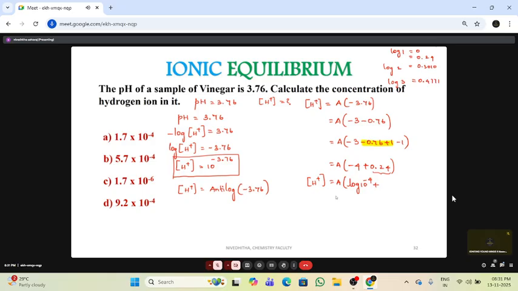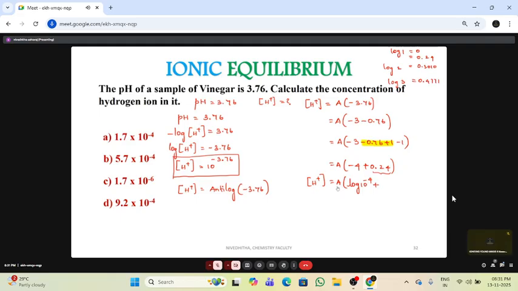Because we have to write 0.24 in terms of log. If the value was 0.3010, then I can write it as log 2. If the value is 0.4771, I can write it as log 3. But here the value is 0.24. So the log must be between log 1 and log 2.